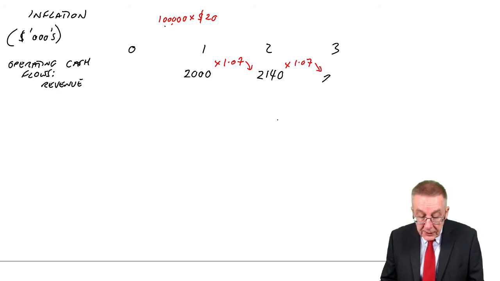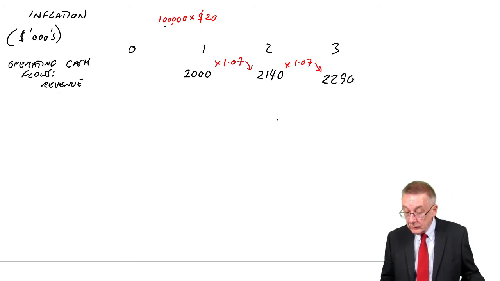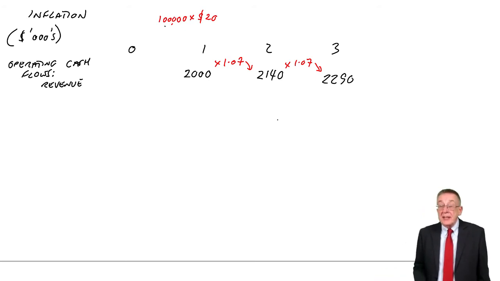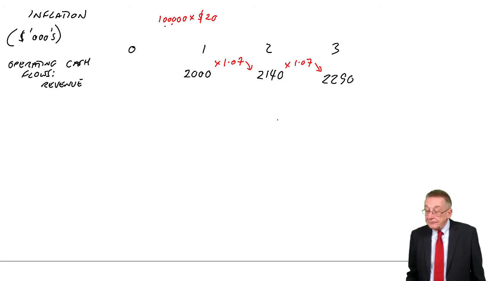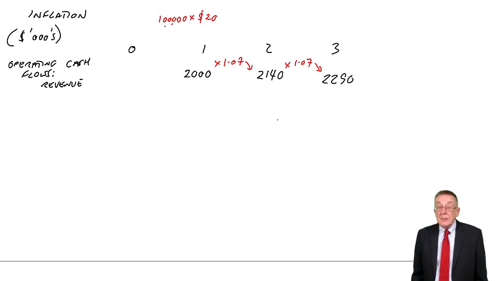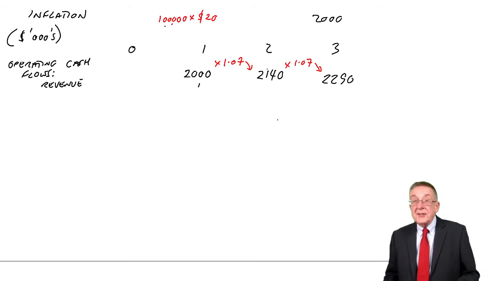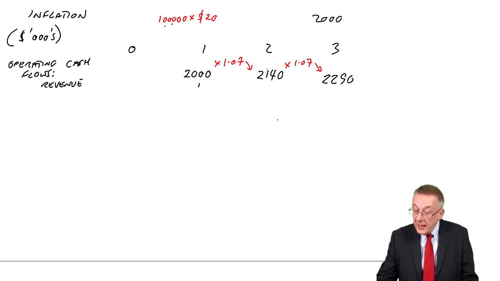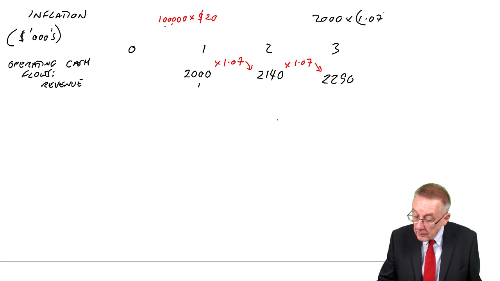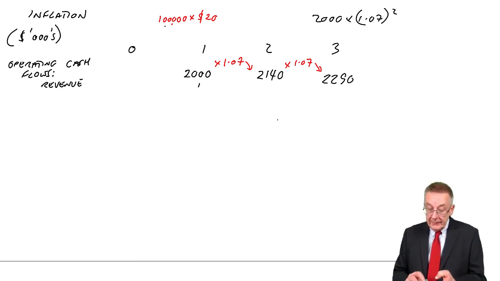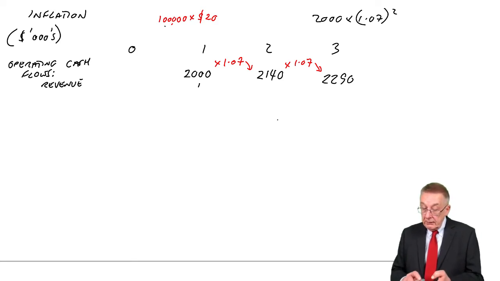And on that basis, I get 2,290. So we're inflating at 7% per year. And do notice, incidentally, it doesn't matter here, but could be relevant in other cases, the 2,290, it was 2,000. There's been 2 years inflation at 7% per year, multiplied by 1.07 twice. And of course, exactly the same figure. That should be 2,000 times 1.07 twice.